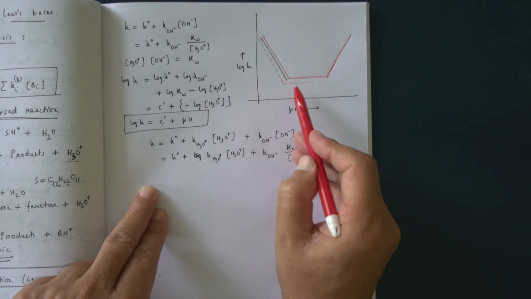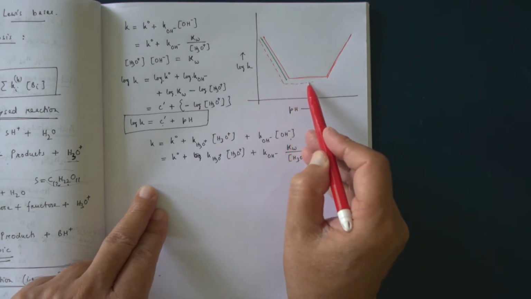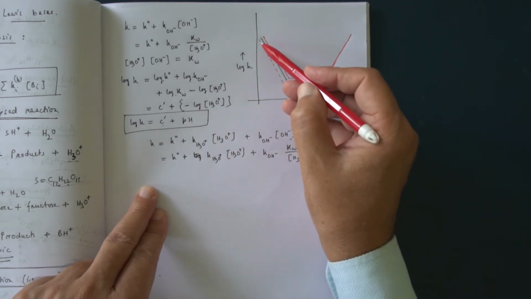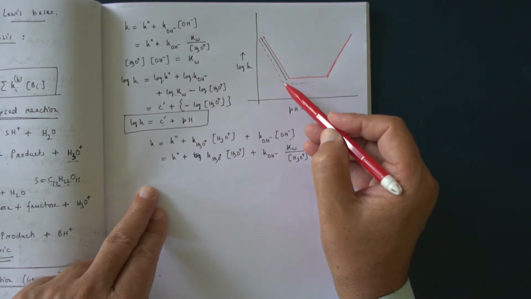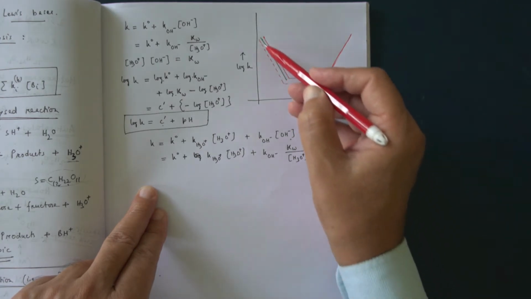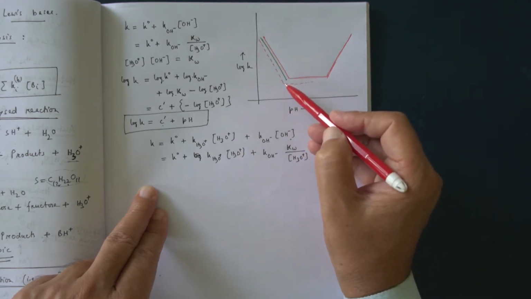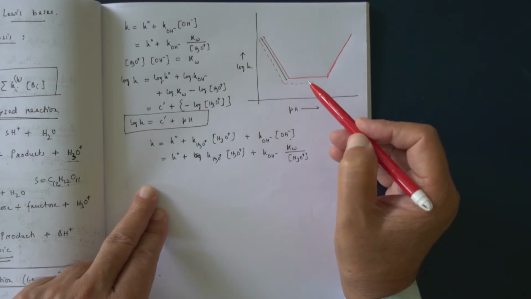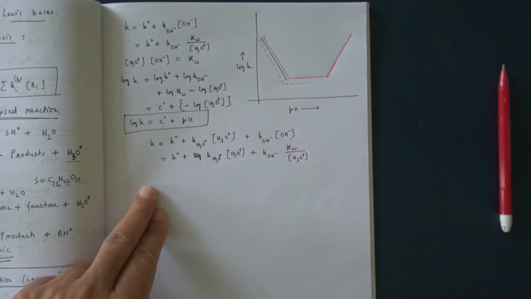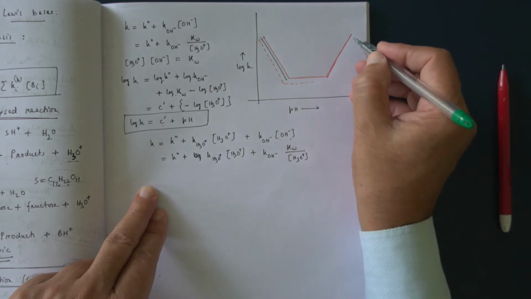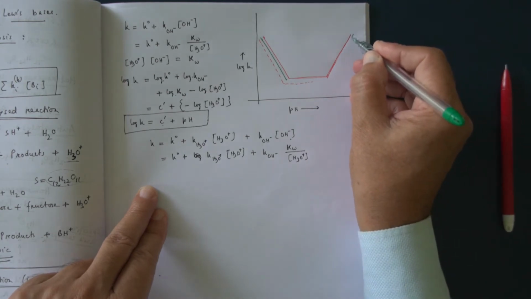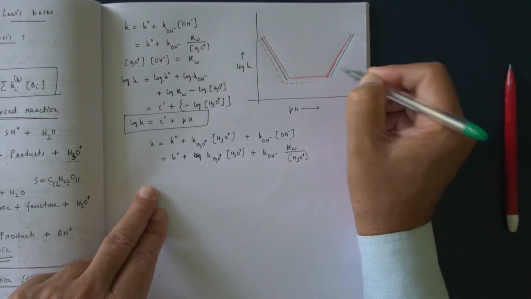So this is for the uncatalyzed reaction, and this is for the acid catalyzed reaction, that means the hydronium ion catalyzed reaction. Similarly, if the reaction is catalyzed by only base, the graph will be this.